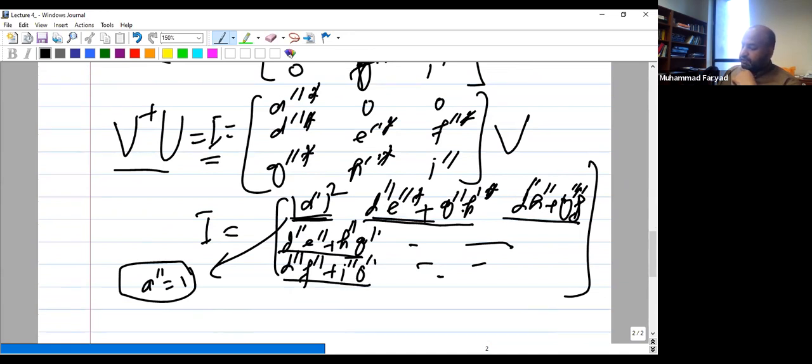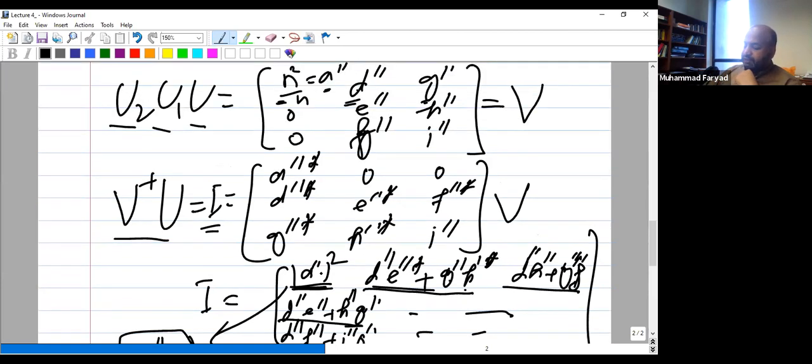Because if D double prime, G double prime are 0, then all of these are zeros, because if they're not 0, then we'll have to make E double prime, H double prime, I and F double prime 0, which will essentially make the whole matrix 0.